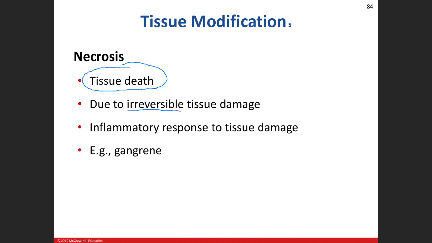There are different types of gangrene: wet and dry gangrene, and then there's gaseous gangrene. A lot of it depends on the type of damage and what tissue is getting damaged. But it all starts with inflammation.